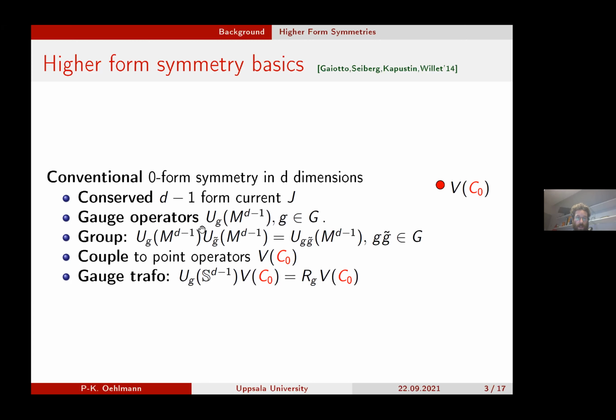So if I take two of these operators that are supported on the same manifold, I can compose them together according to this group law here.